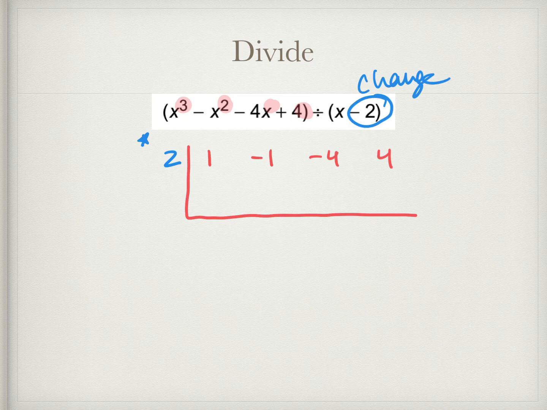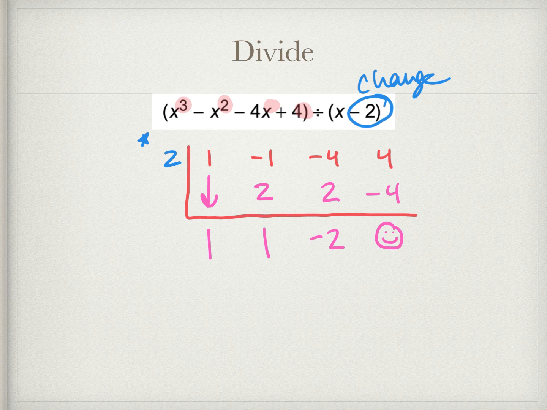What do I do first? Bring down the 1, and then multiply, and then add, then multiply, then add. What do I get? Negative 4 plus 2. Negative 2, then multiply, and then 0.